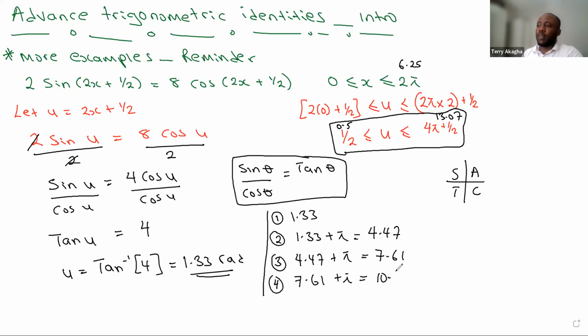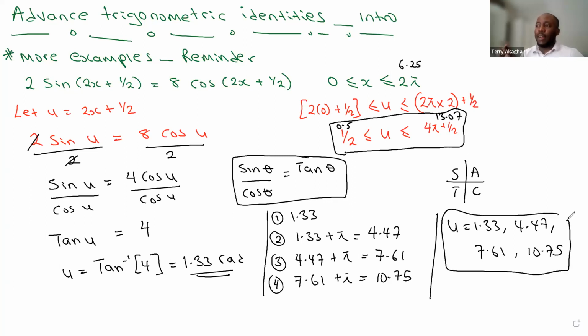Now, if you add another pi to 10.75, it should give you greater than 13.07. So that means the 4 angles we have for U are 1.33, 4.47, 7.61, and 10.75.